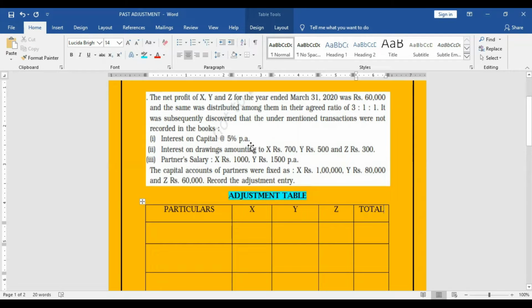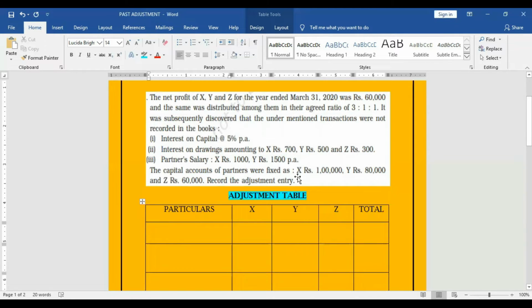When interest on capital is omitted, it means that for all three partners 5% interest on capital was not recorded. That means there is a short credit in the X, Y, Z capital accounts. So in order to rectify it in the adjustment table, we have to credit interest on capital.